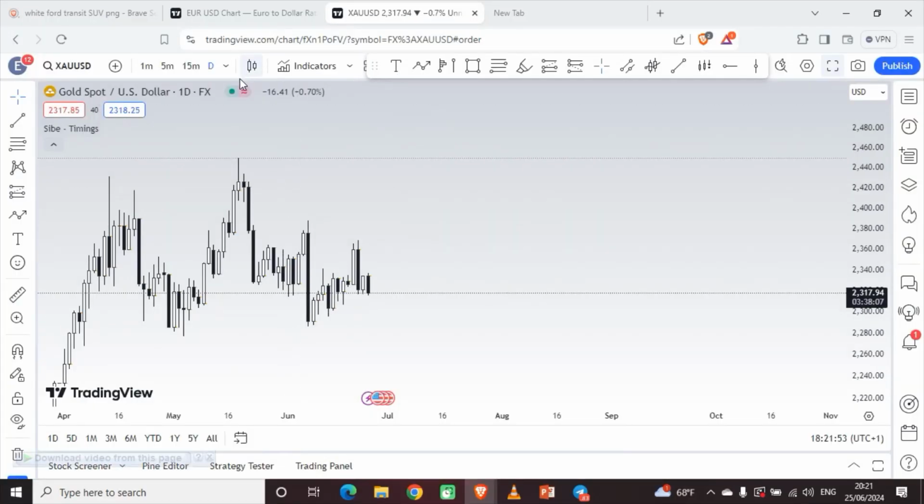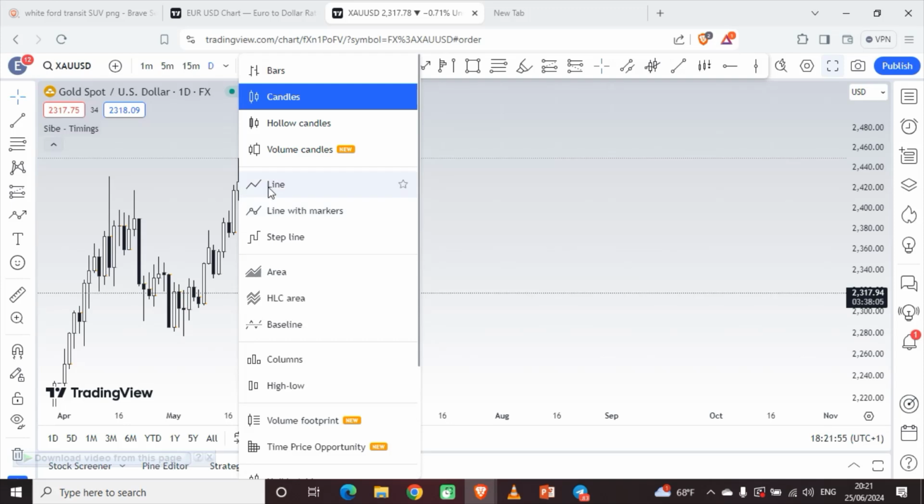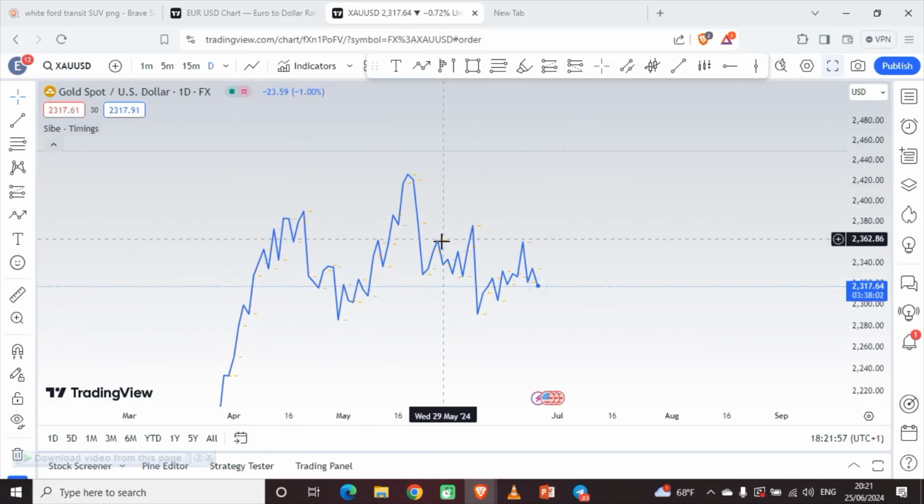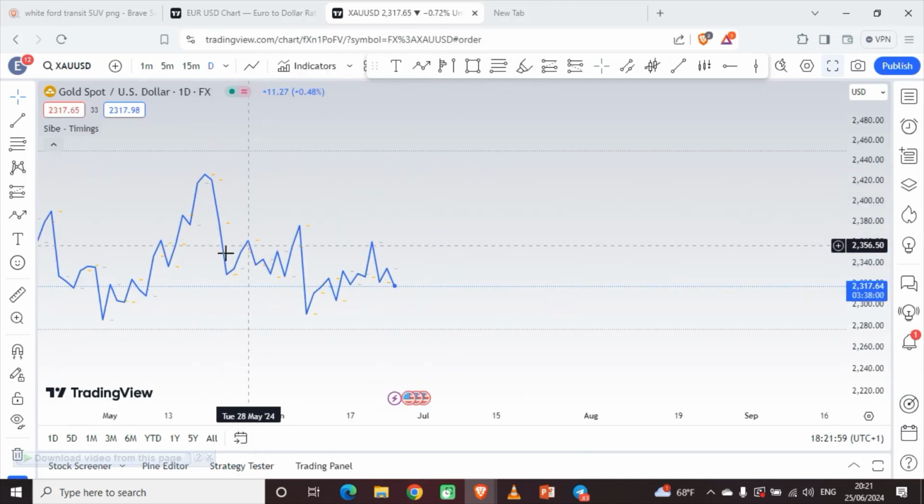Let's switch to the line chart. On the line chart, we're going to be looking for levels like this: A, V, A, V, A, V. Sharp levels of A's and V's where the market turns.